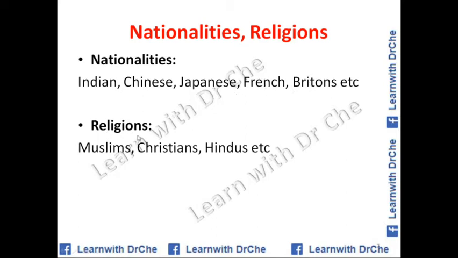With religions, we use capital letters: Muslims, Christians, Hindus. And what is your religion? Can you type your religion in the chat box, please? Okay, let us see what is your religion.